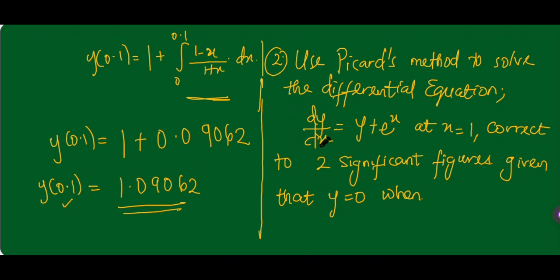As you can see, we are asked to use Picard's method to solve the differential equation dy/dx is equal to y plus e raised to power x at x is equal to 1, correct to two significant figures, given that y is equal to 0 when x is equal to 0.